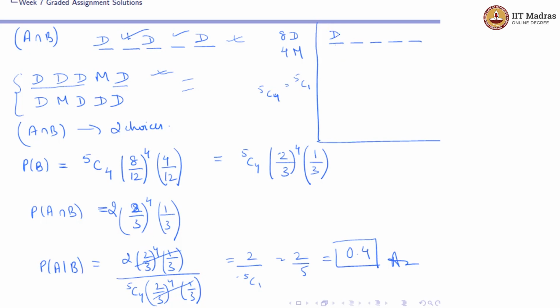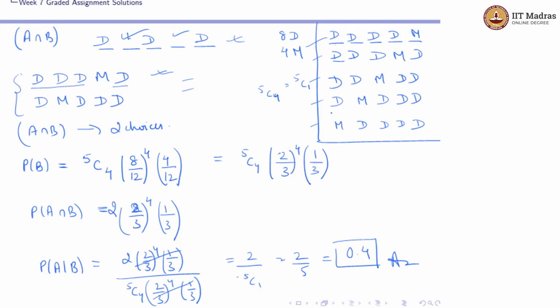So you can have dark, dark, dark, dark, milk; dark, dark, dark, milk, dark; dark, dark, milk, dark, dark; dark, milk, dark, dark, dark; and milk, dark, dark, dark, dark. So these are the 5 possible cases.